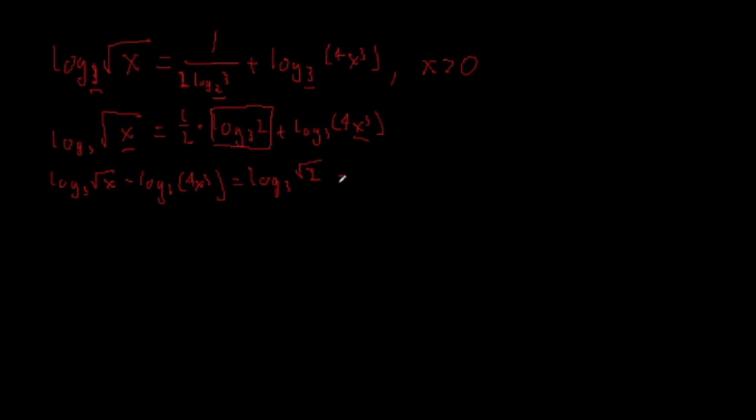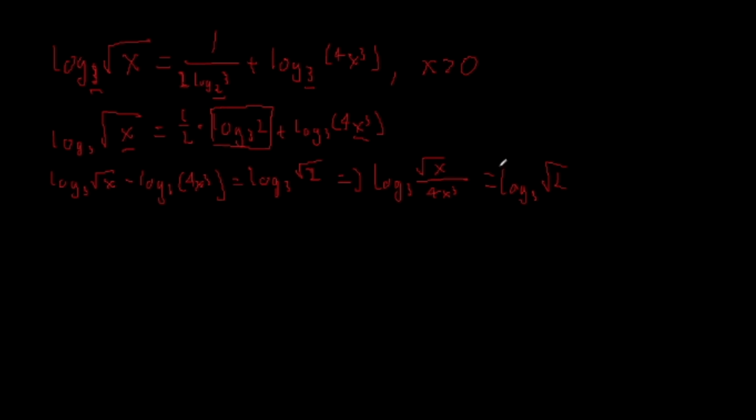We can say that log base 3 of x times the square root of x divided by 4x cubed is equal to log base 3 of the square root of 2.